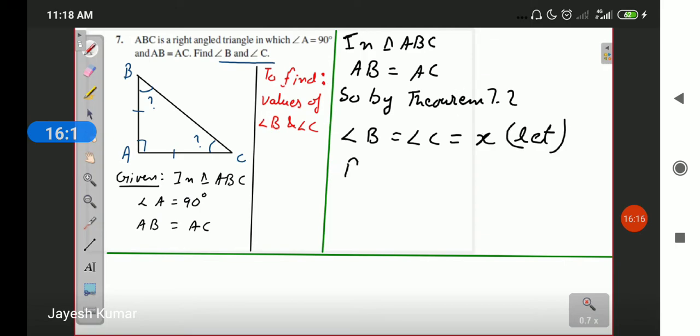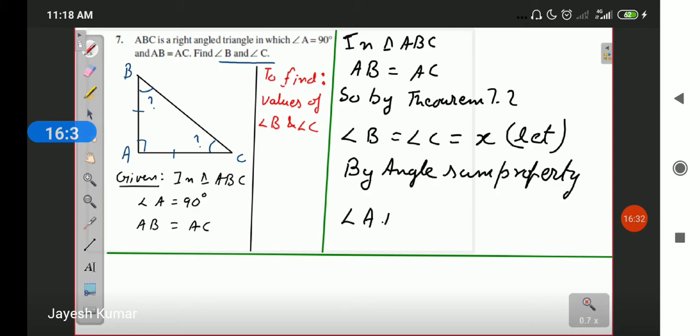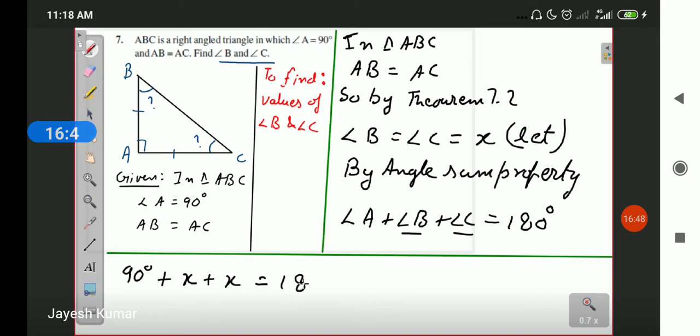Now, by angle sum property of a triangle, okay, what is angle sum property? The sum of all three angles of a triangle is 180 degrees. Angle A plus angle B plus angle C should all sum to 180 degrees. Now, the value of angle A is given to us as 90 degrees, and we have let B and C both be equal to x.